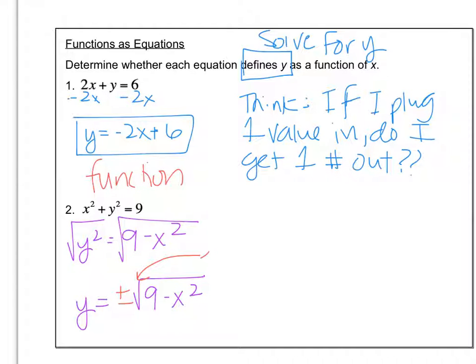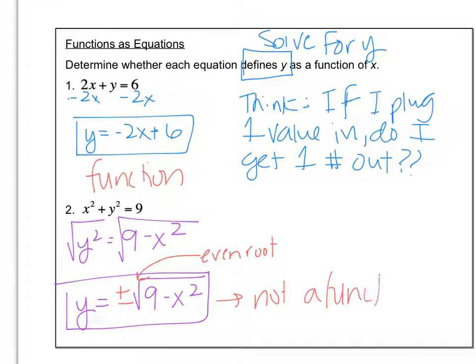Anytime you put an even root in a problem, you need a plus or minus. So now, that's your function. When I put one number in, how many numbers do I get out? 2. Because of the plus or minus sign. This is not a function.